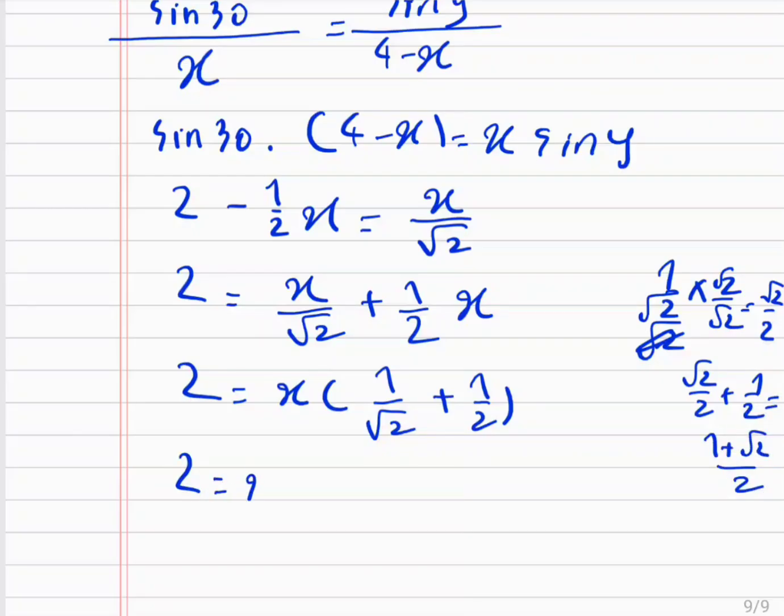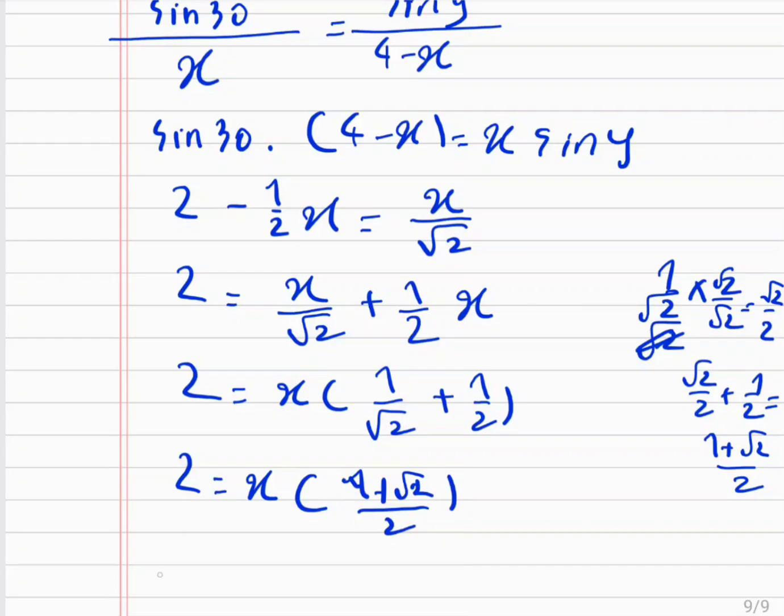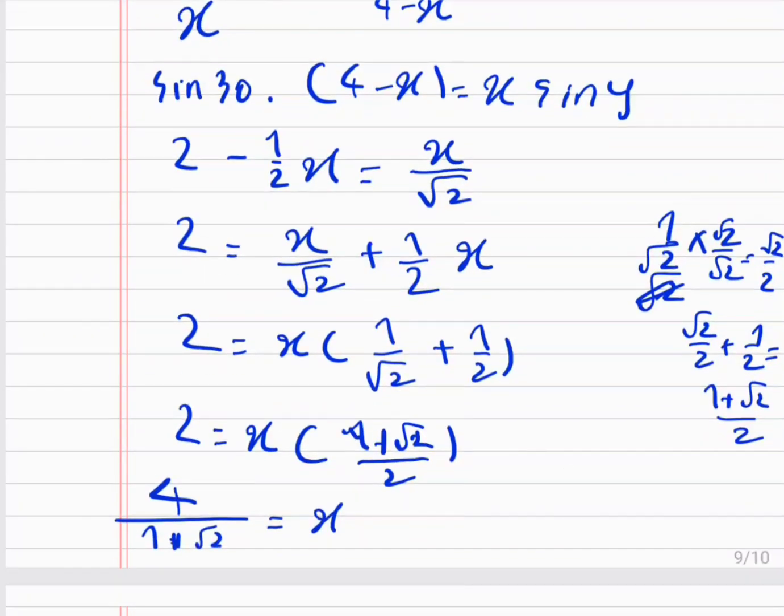Now we divide both sides by this number, so we have 4 over 1 plus root 2 is equal to x. In case you're wondering how I got this, I did 2 divided by this entire thing, so 2 divided by 1 plus root 2 over 2. If you calculate this division, you'll get 4 over 1 plus root 2.